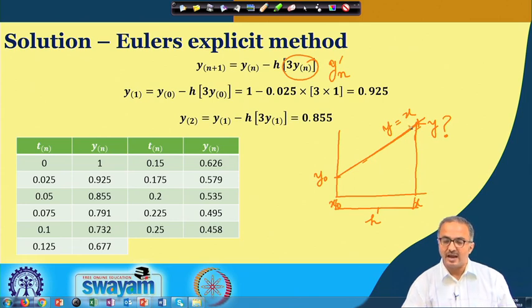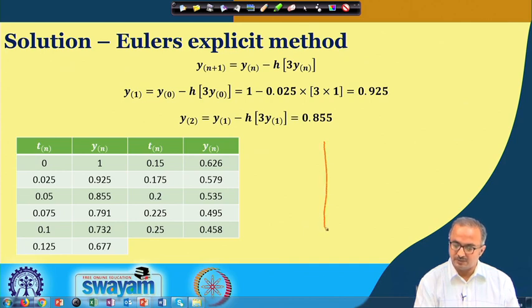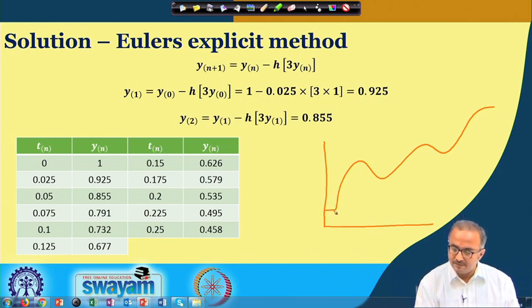Now, consider another situation when I have a very non-linear variation of y with x. Suppose again this is the value of y naught at x naught, and suppose I want to take the value over here.